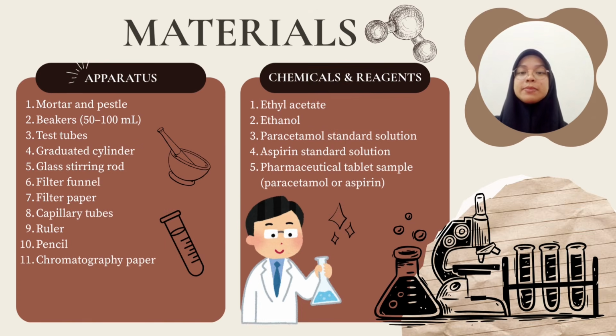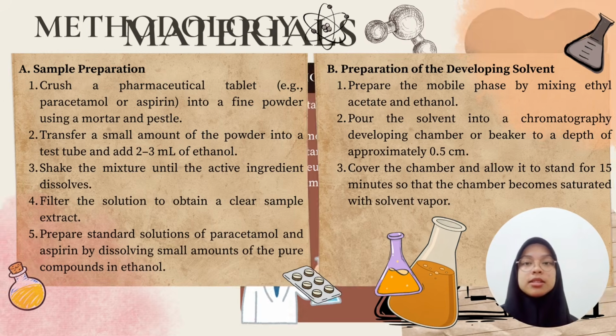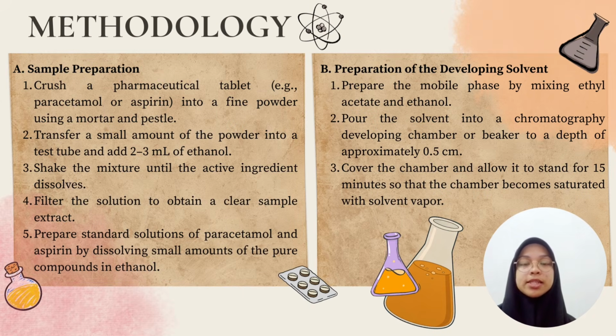Now, I'm going to explain the methodology, but before I proceed, these are the materials that we need to do the experiment. Next is the methodology. The first step is sample preparation. A pharmaceutical tablet such as paracetamol or aspirin is crushed into a fine powder using a mortar and pestle to increase its surface area.